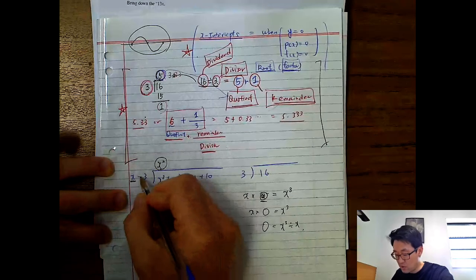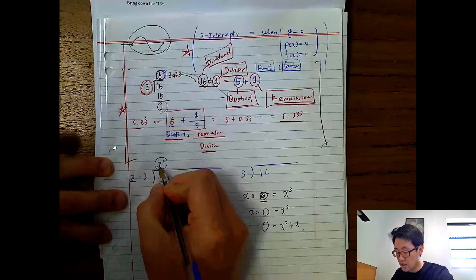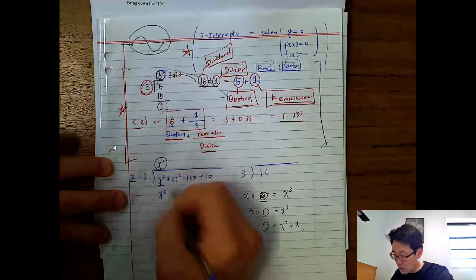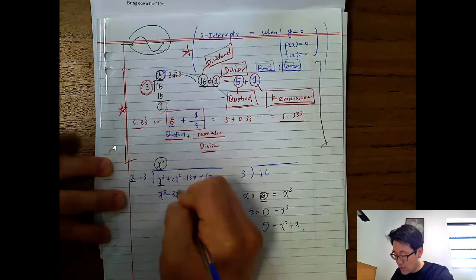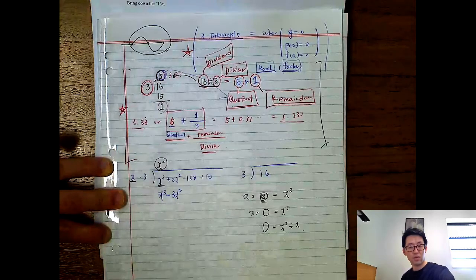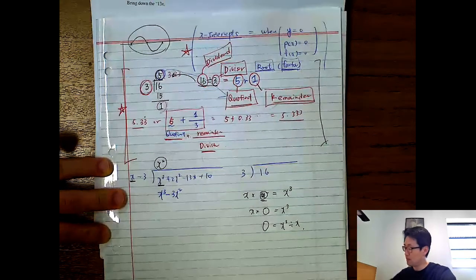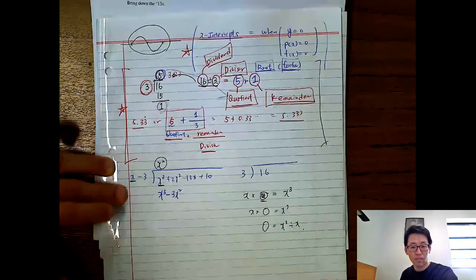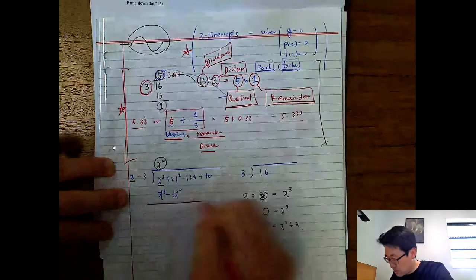Then minus 3 times x squared equals minus 3x squared. Sounds good, guys? So I did the first one.